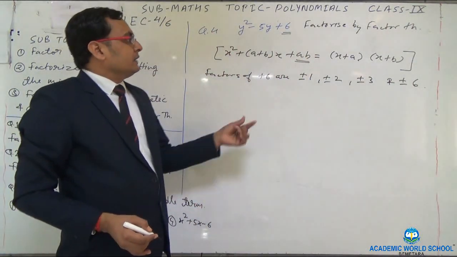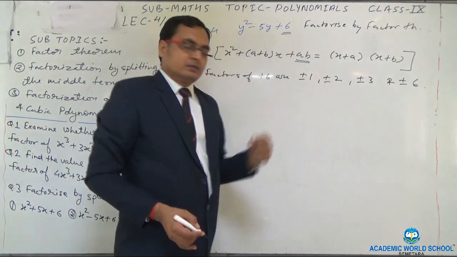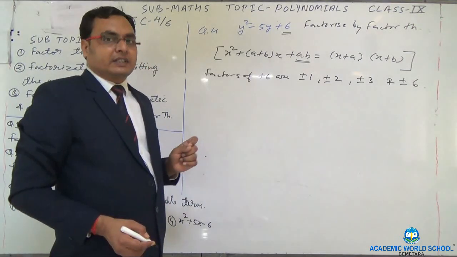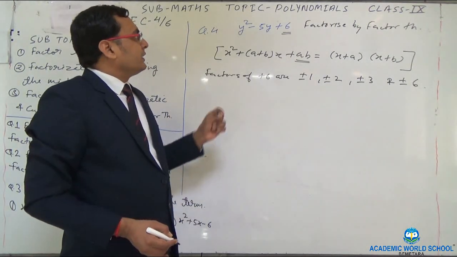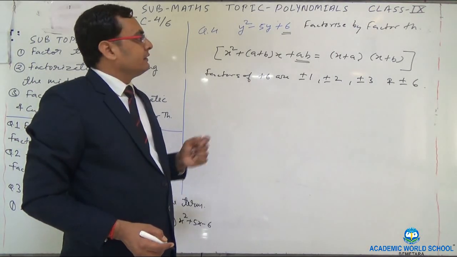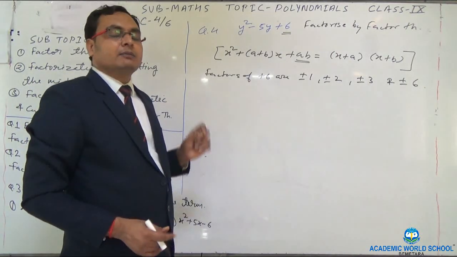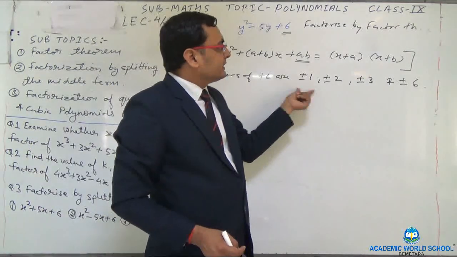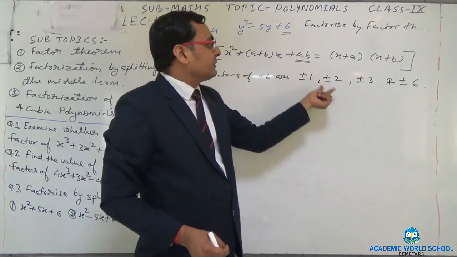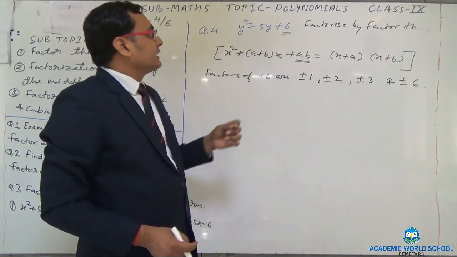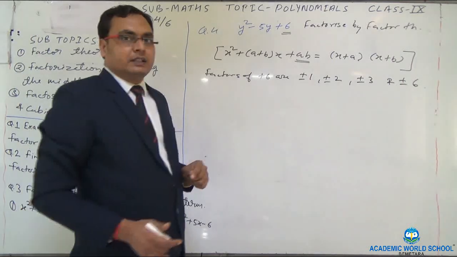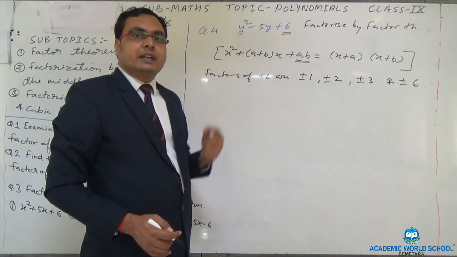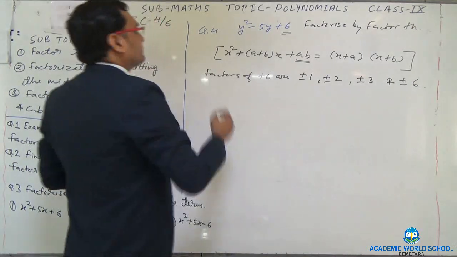What we will do, we will take these values as value a. In factor theorem we have seen, if a polynomial px is having x minus a as a factor, then the remainder pa must be equal to 0. So if we take a as these factors, plus minus 1, plus minus 2, all these, and the remainder pa comes equal to 0, then we can find one factor with the help of factor theorem.